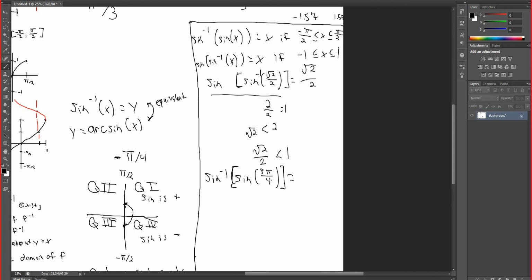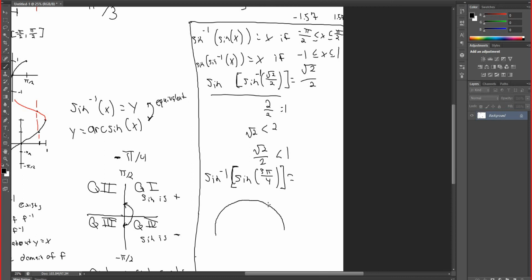The other question you could ask is, what quadrant is 3 pi over 4 in? And the answer is that it would fall in the second quadrant. Yep, second quadrant. So this is not in the domain. What is in the domain, and this is where we're going to have to start drawing or finding reference angles.